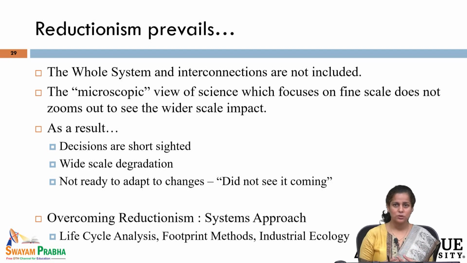And this course is particularly focused on teaching you the tools and techniques that we need to move away from this reductionist view of design towards a holistic view of design. So, we will focus on life cycle analysis, which is a systems view of looking at all the systems together, and from the start to the end. We will look at the footprint methods.